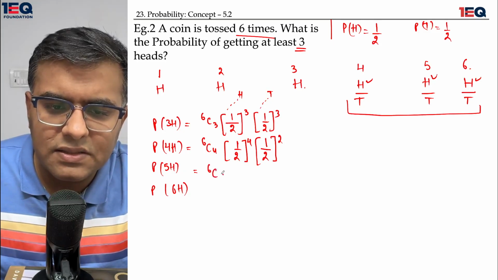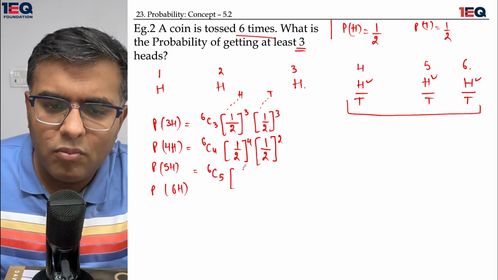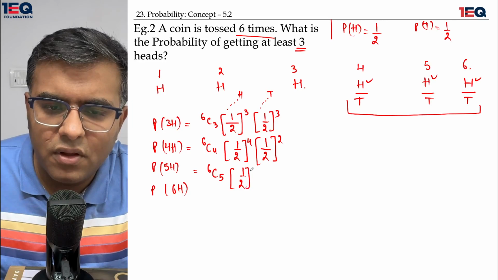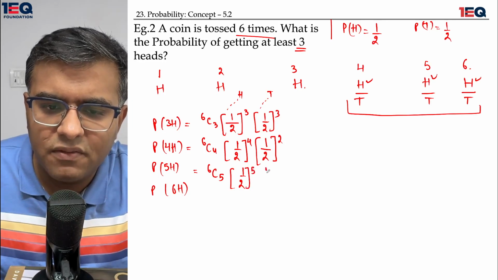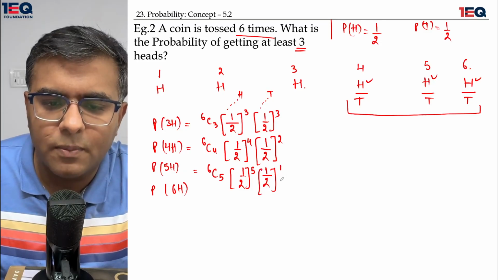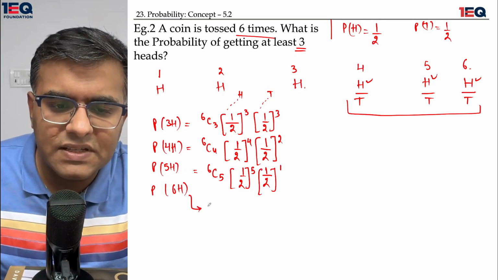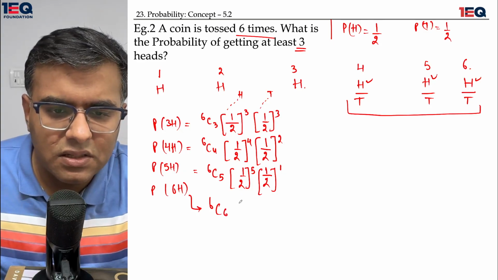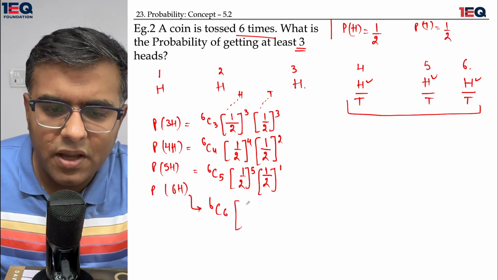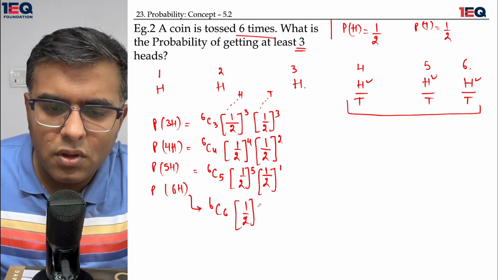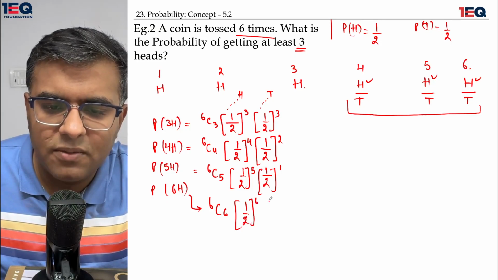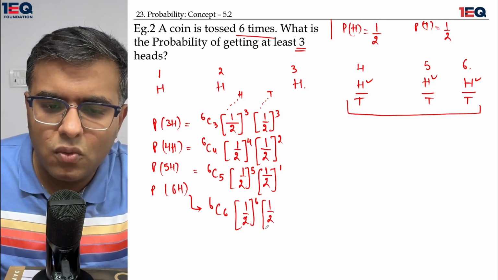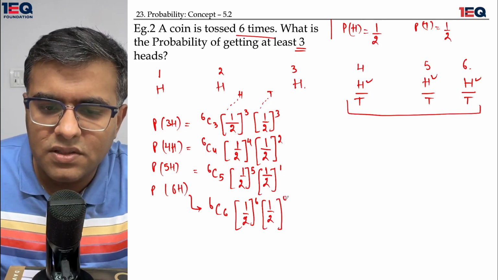Again, 6C5 multiplied by 1 by 2 raised to the power 5 and 1 by 2 raised to the power 1. Similarly, for 6 heads coming, it is going to be 6C6 multiplied by 1 by 2 raised to the power 6 multiplied by 1 by 2 raised to the power 0.